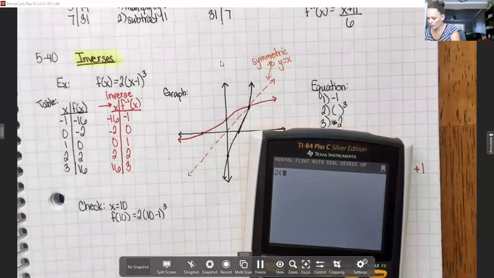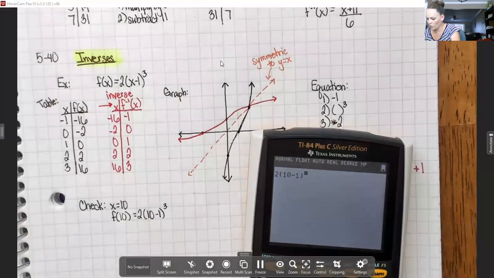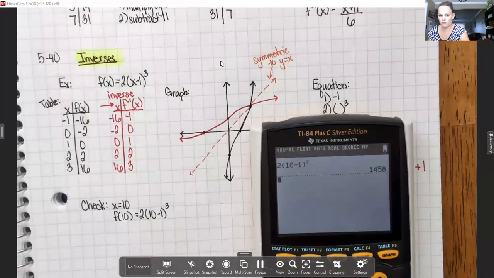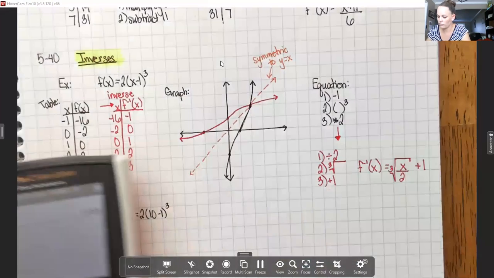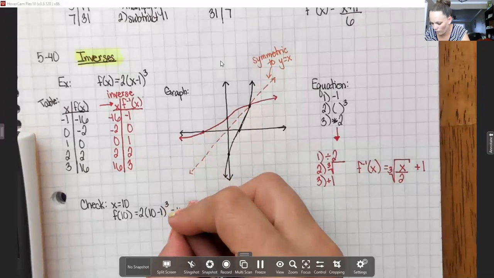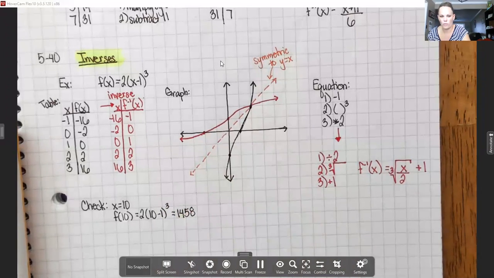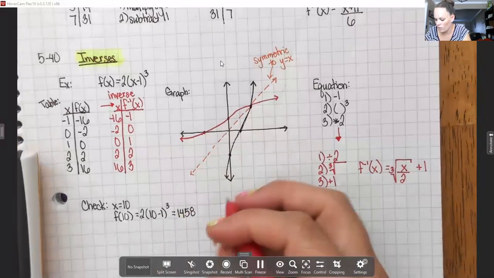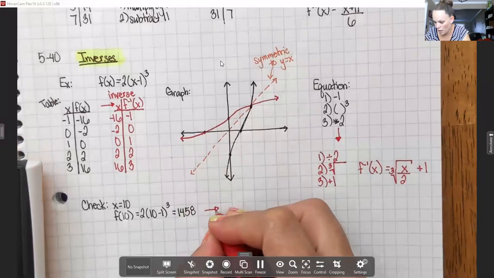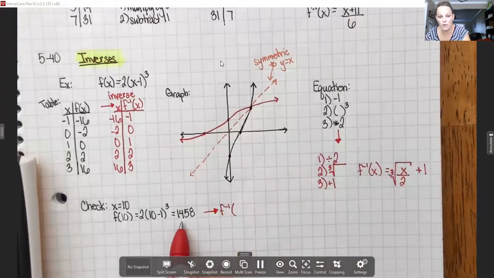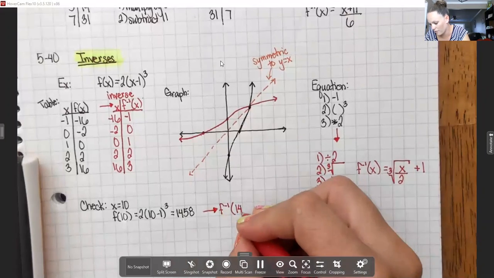So 2 times 10 minus 1 cubed, I get 1,458. So for my inverse, that's what I want to plug in, 1,458.